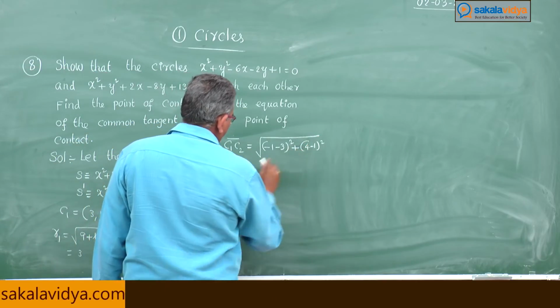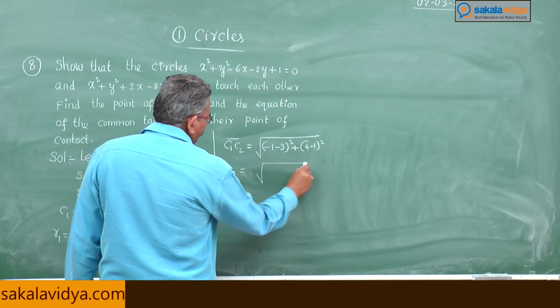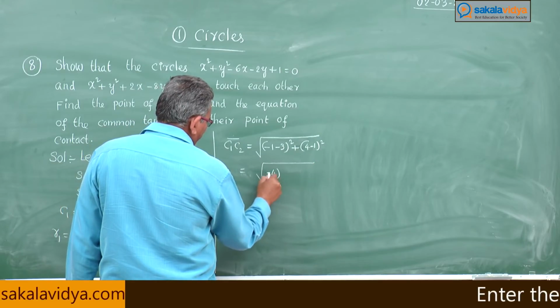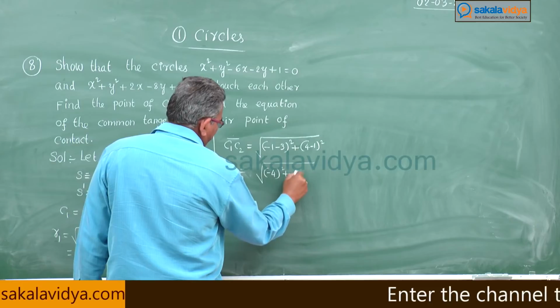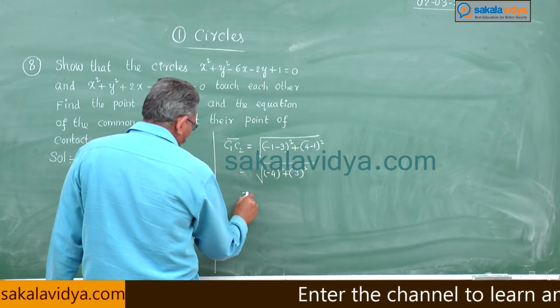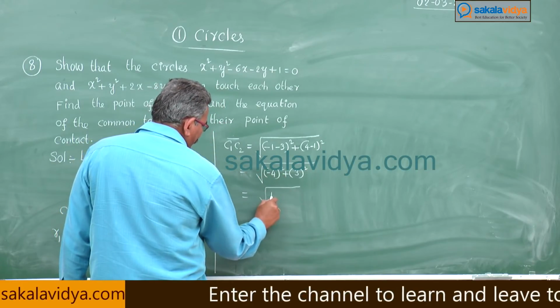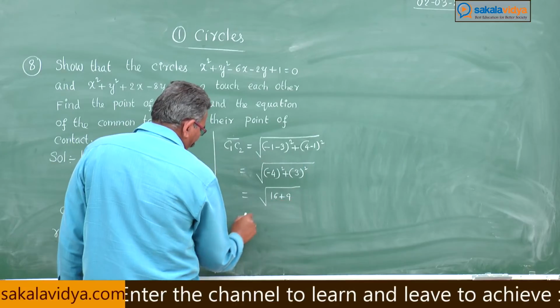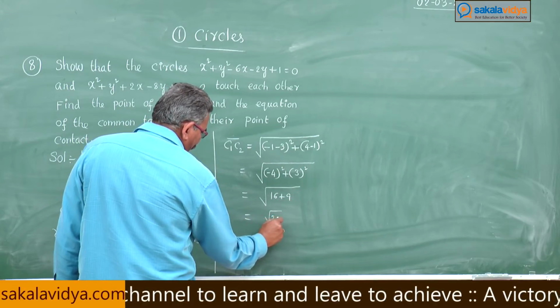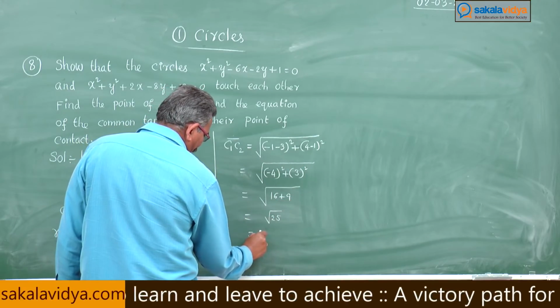Check it, this is minus 4 square plus 3 square, which is root of 16 plus 9, root of 25, which is equal to 5.